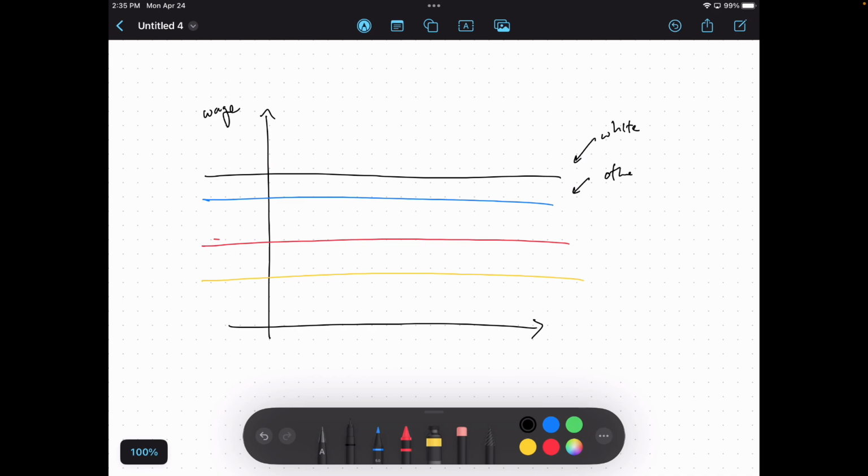So this would be other, Hispanic, black. And so if white is your baseline, then that's the intercept value.